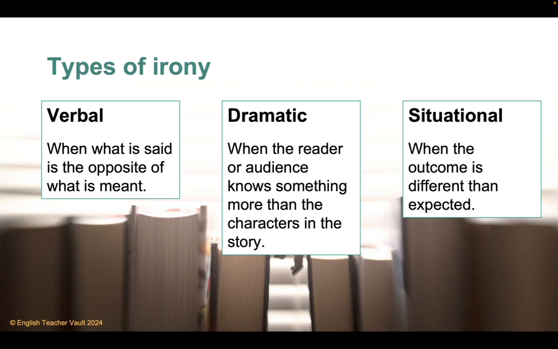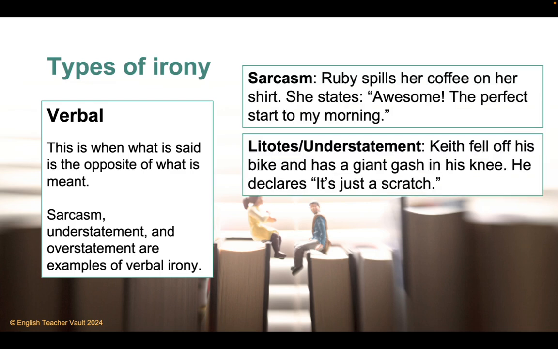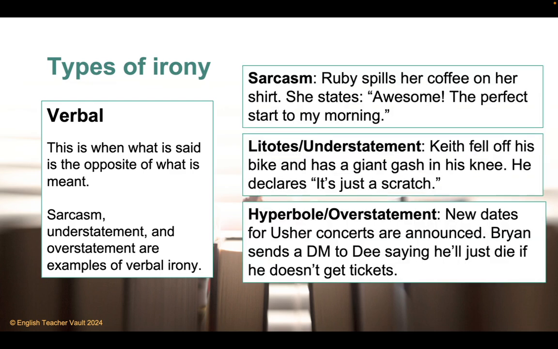Let's break it down a little bit more. Verbal irony can come in a couple of different types, and these are the three different types. If you're teaching this with your students, you might go through each one, or you might decide to just focus on one. When I'm teaching ninth grade students, I really just talk about sarcasm and how verbal irony can be similar to sarcasm, although I do distinguish that sarcasm has a bite to it.